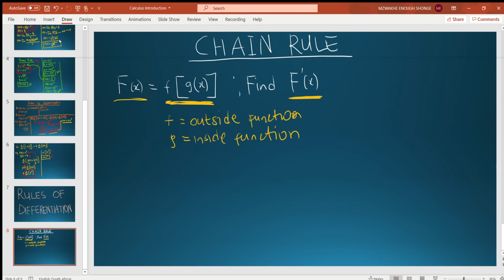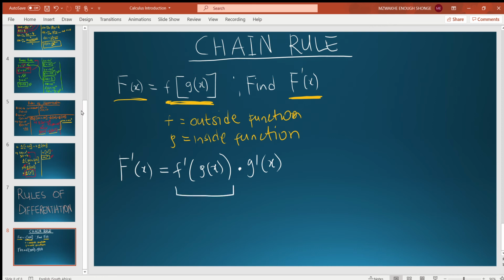So the chain rule states that the answer to this, F prime of x, equals the derivative of the outside function, which is f prime of g of x, keeping the inside in place, multiplied by the derivative of the inside function.